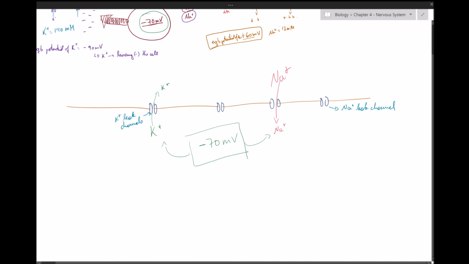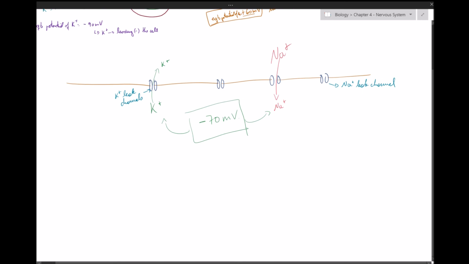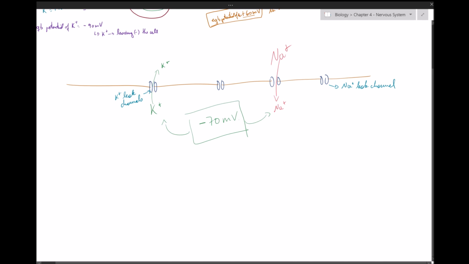That's very simple, because the cell is slightly more permeable to potassium. So both ions continue to leak across the cell membrane.